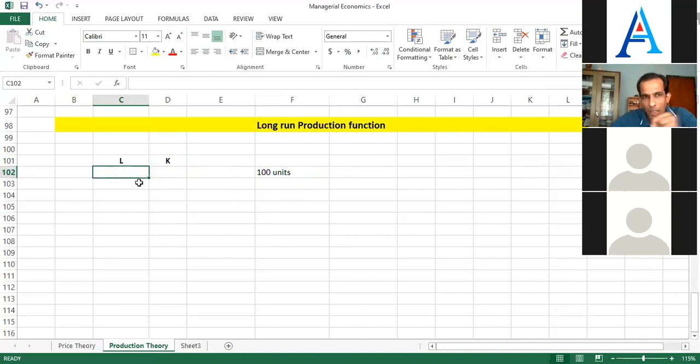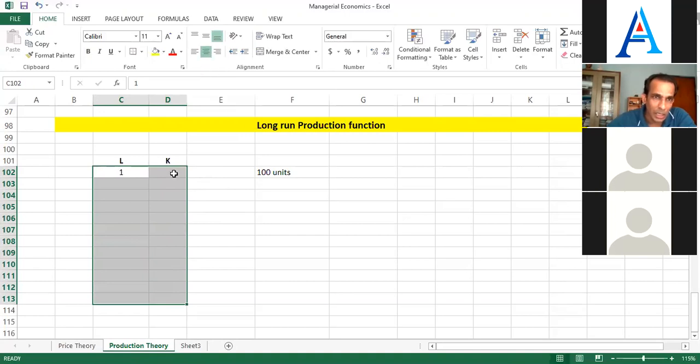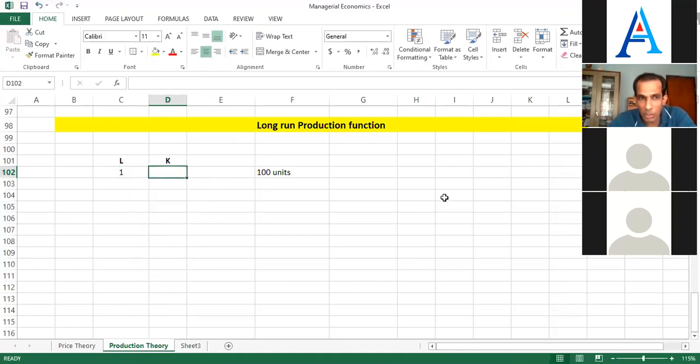So when the firm is going to use labor and capital, is there only one input combination? No, there are a number of different input combinations to produce 100 units. For example, if they want to use very little labor and more capital, suppose the firm is using only one labor, maybe 6 units of capital is required.